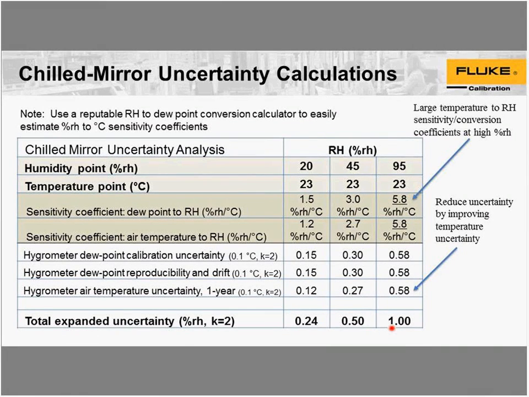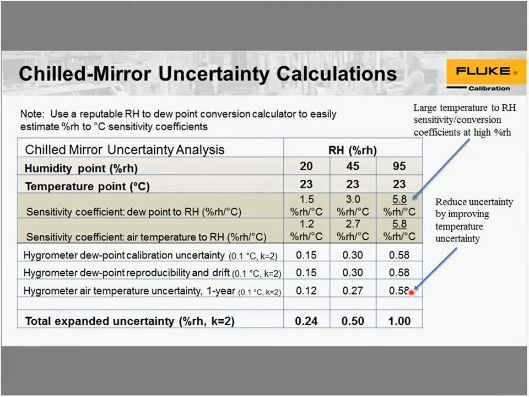Well, something that can be done, and they're planning on doing another webinar on methods and uncertainties in humidity measurements. But something that can be done is, for the temperature portion of that, you can make an impact by bringing in a different temperature probe that has better specs than 0.1, and that'd be easily done.